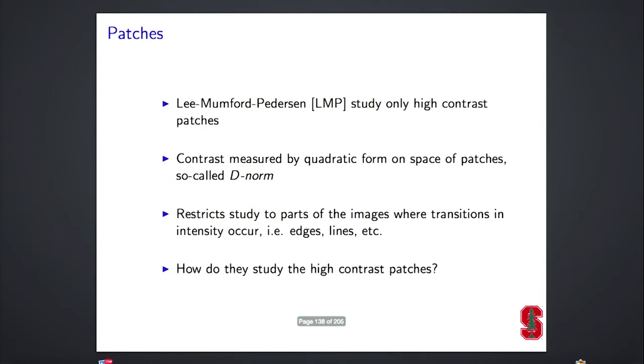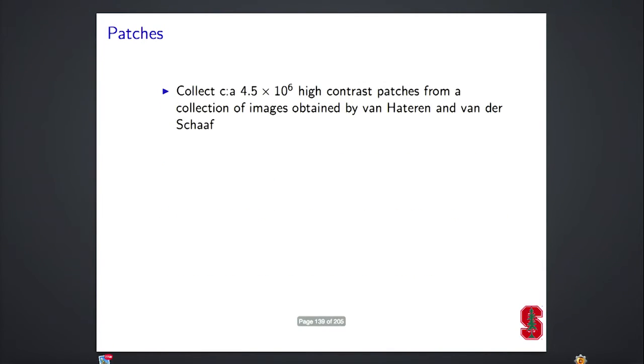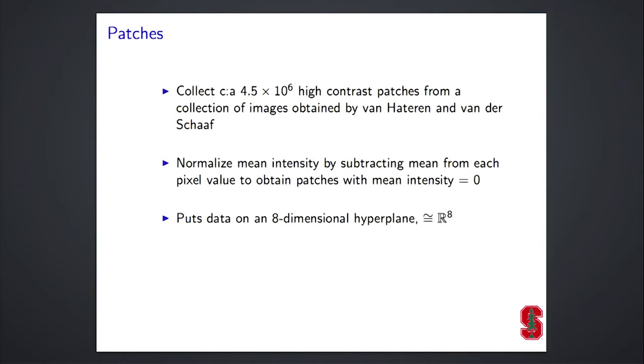Contrast they measured in a certain way. They built off a data set constructed in Holland, a data set of a few thousand images. From that, they constructed about 4.5 million high contrast patches from a collection of images by these two Dutch neuroscientists.